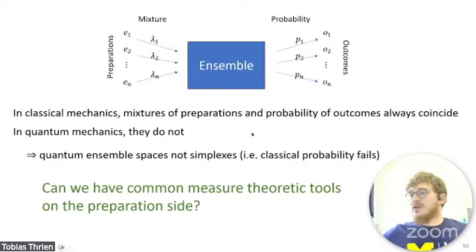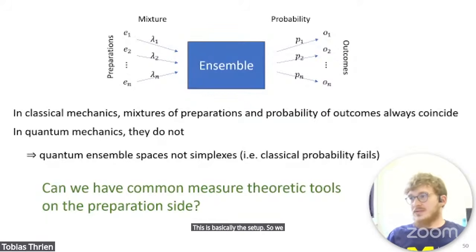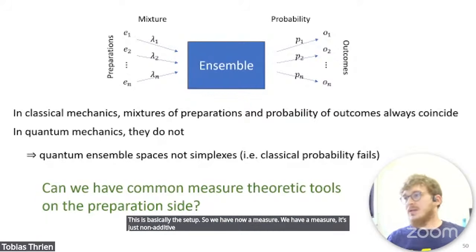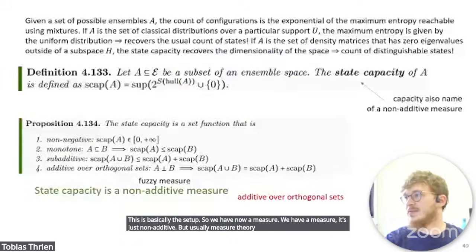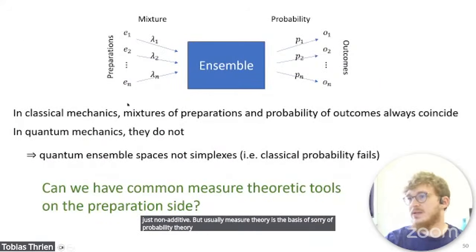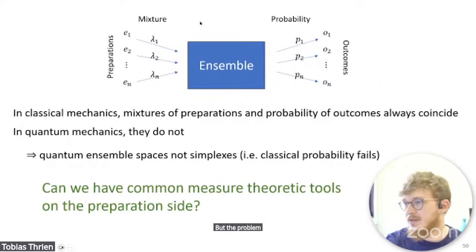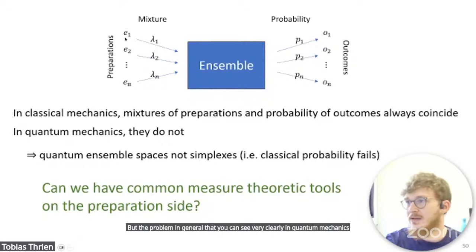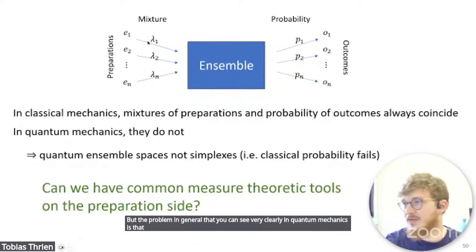Yeah. So this is basically the setup. We now have a measure. It's just non-additive. But usually measure theory is the basis of probability theory. The problem in general, which you can see very clearly in quantum mechanics, is that what we have so far are basically mixing coefficients.